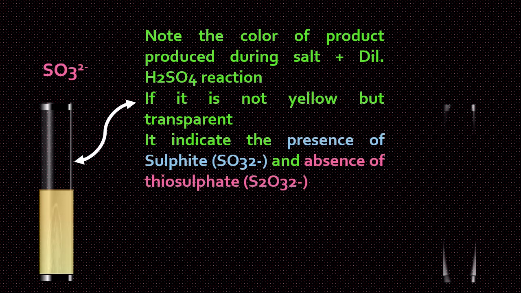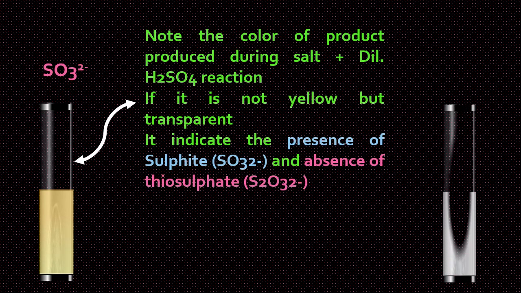How? Note the color of the product produced during the salt plus dilute H2SO4 reaction. If it is not yellow but transparent, it indicates the presence of sulfide and absence of thiosulfate group.